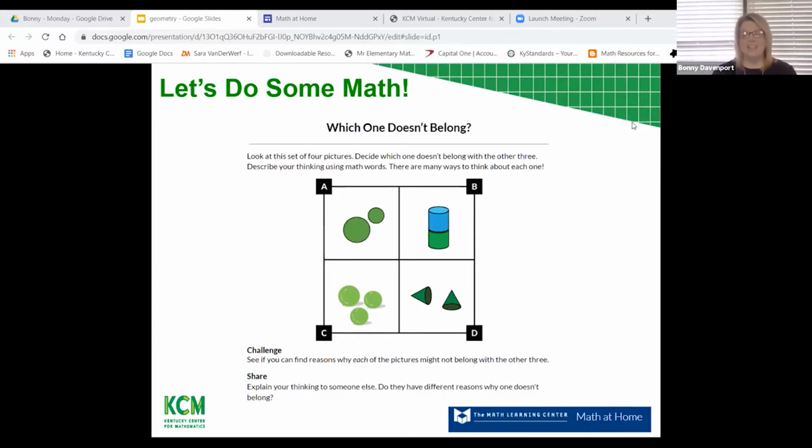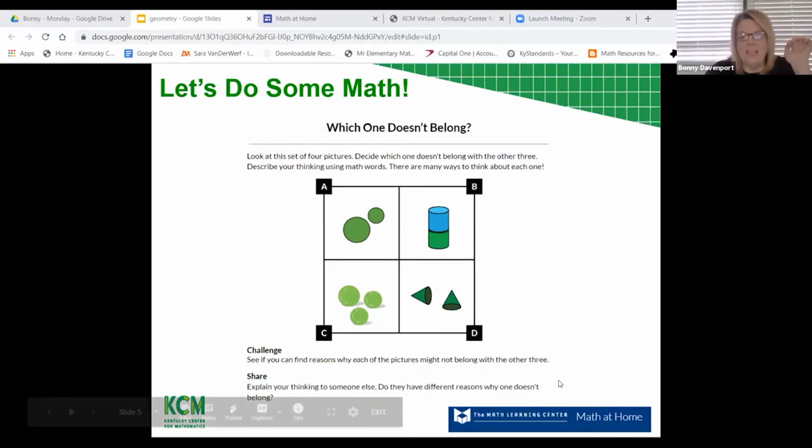Exactly, and your kids can have this rich math discussion just based on these 4 different sets of shapes, and talk about all the attributes and look at all the shapes, and there's no wrong answer, so there's an entry point for everyone, and they feel safe doing that.